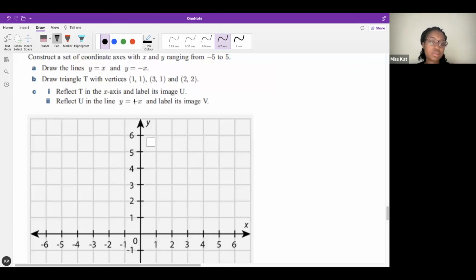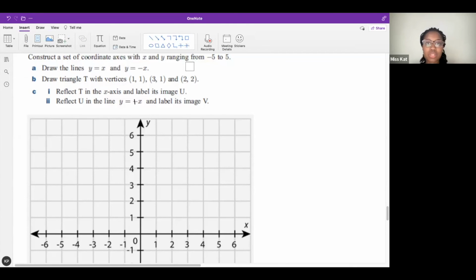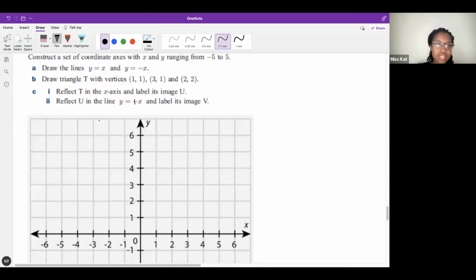I have a Cartesian plane here ranging from -6 to 6, so we're good. Then it says draw the lines y equals x. We do not need the line y equals -x because we're not going to use it.